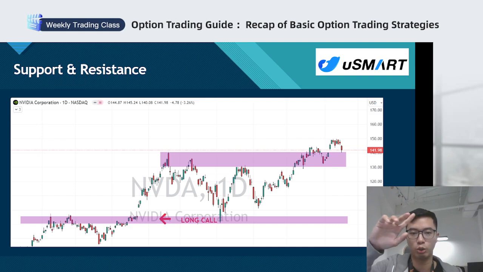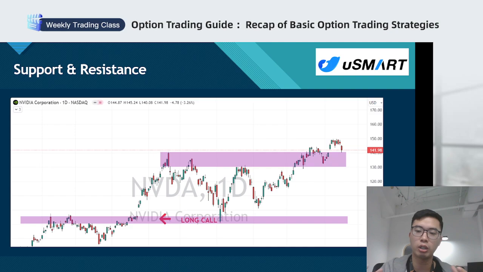And usually I won't chase a breakout. I will wait for it to drop back to test the previous resistance. If the previous resistance becomes a support, like it hits the previous resistance and then forms a bullish signal, a bullish candle bar, then I will enter. I will consider opening the long position here since I want to buy at support.